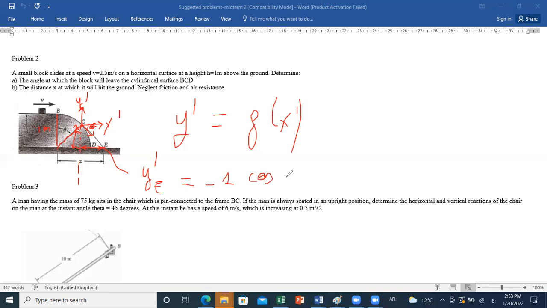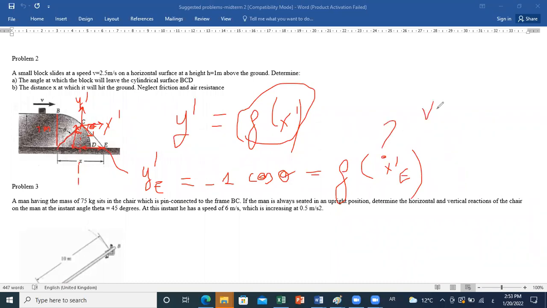So since I know y prime of E, and I know for a projectile motion what y prime as a function of x prime is, everything is given for me. I know the velocity magnitude, I know the angle, so I can write it as a function of x prime of E. The only unknown in this equation will be x prime of E, because I know the velocity VC, I know the angle theta, so I just replace in the projectile equation, and then I can calculate x prime of E.